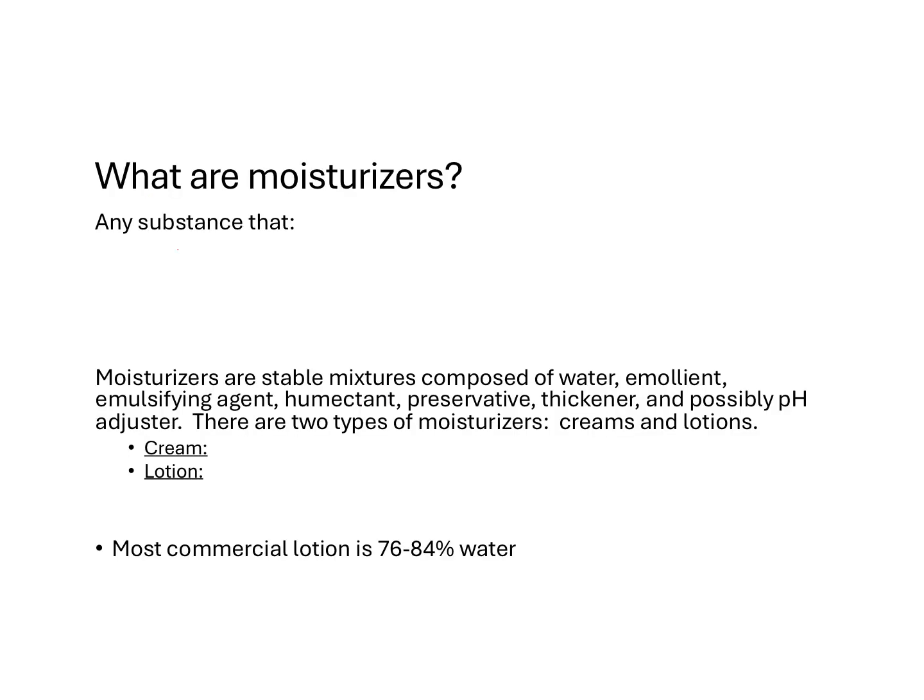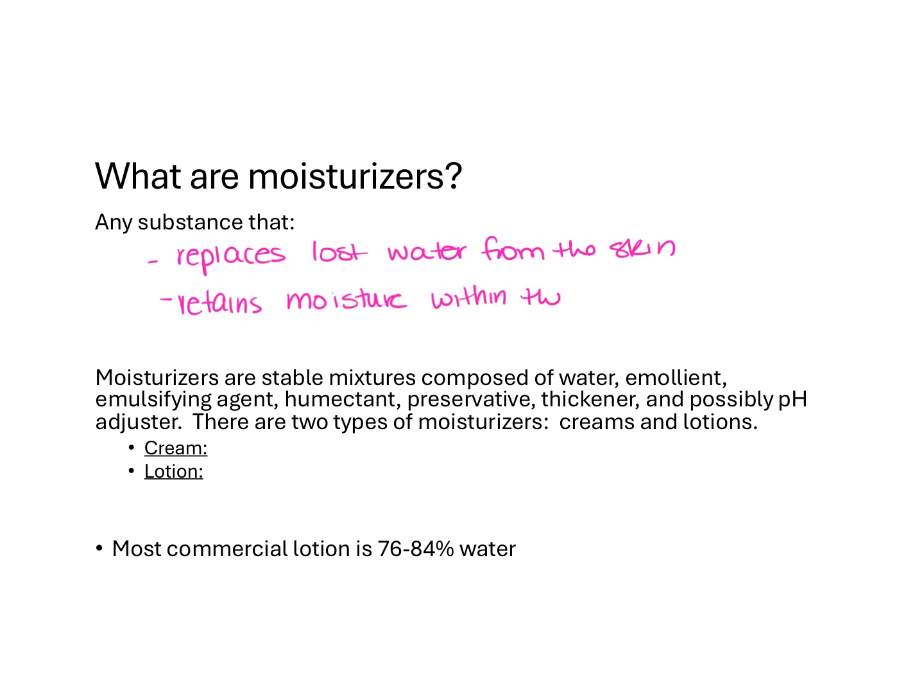Moisturizers are any substance that replaces lost water from the skin, or retains moisture within the skin by forming a waterproof barrier. And the other thing that a moisturizer will do is soften the skin.